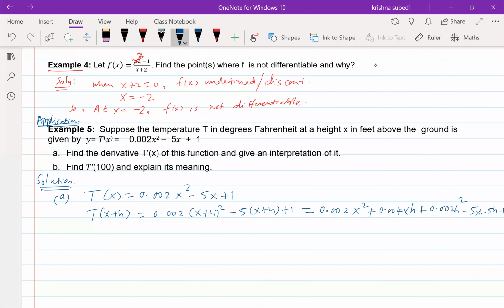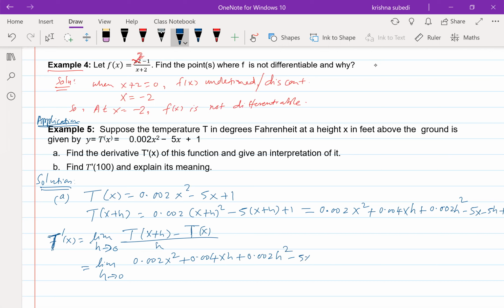Step 2, write the formula, and plug in the value, and simplify.